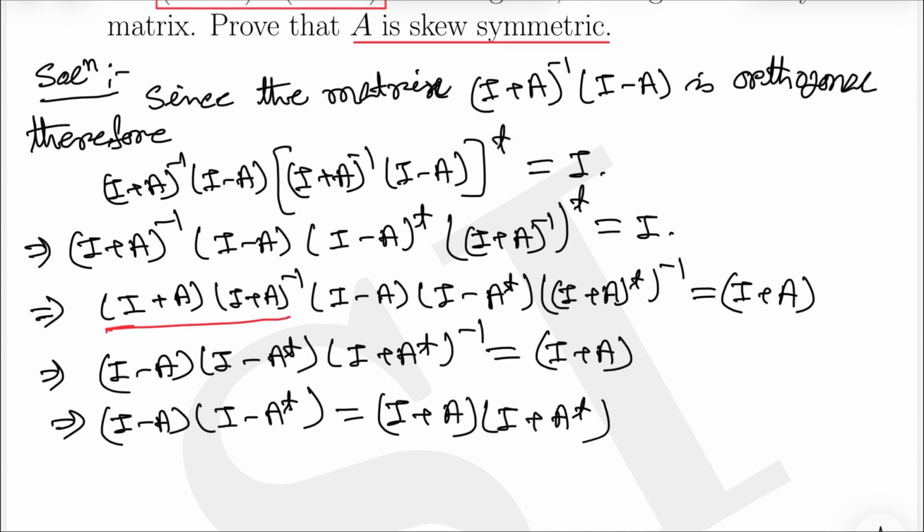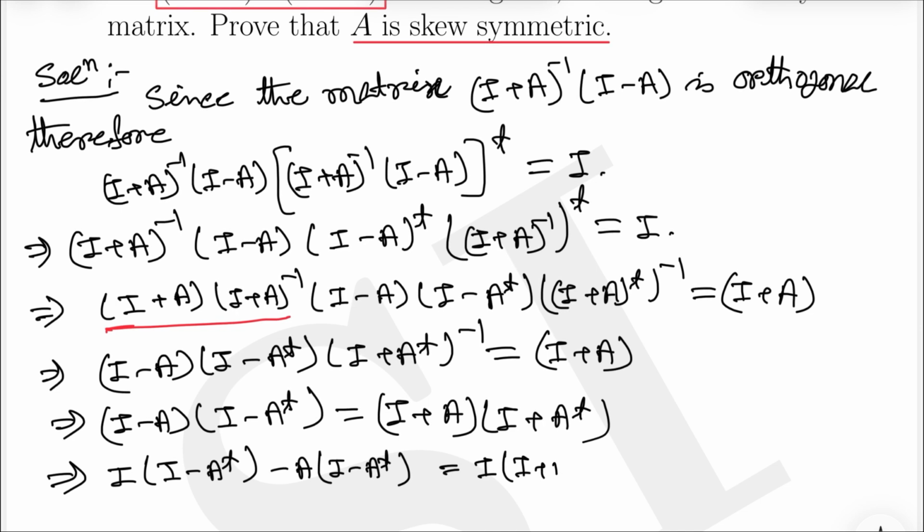In a similar way, multiply and expand. So this is I into (I minus A transpose) minus A into (I minus A transpose) is equal to I into (I plus A transpose) plus A into (I plus A transpose).